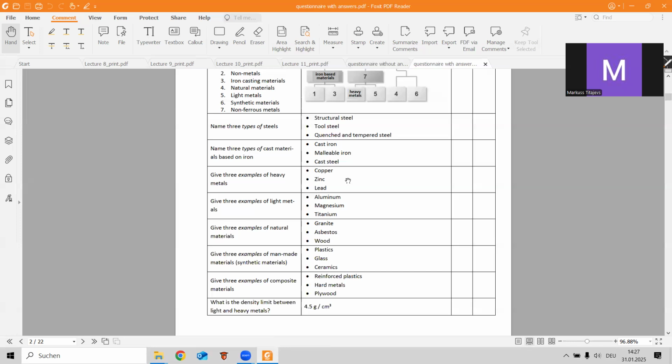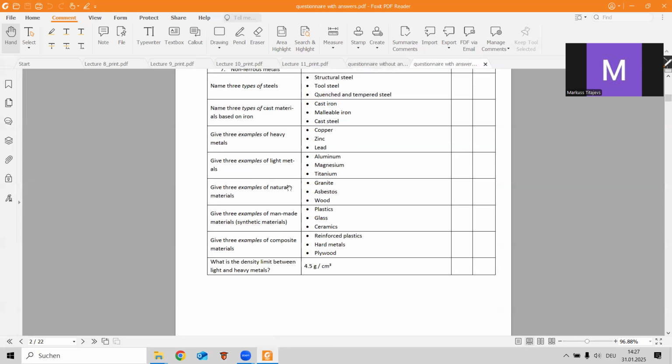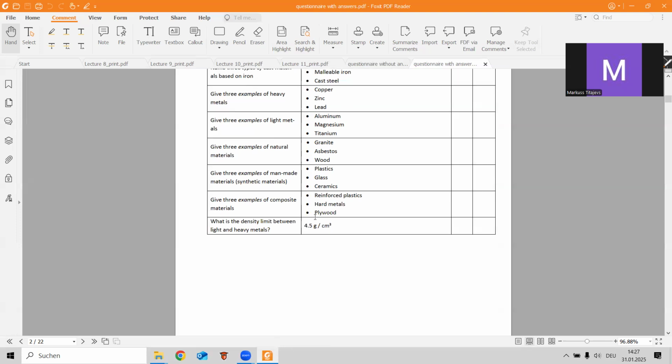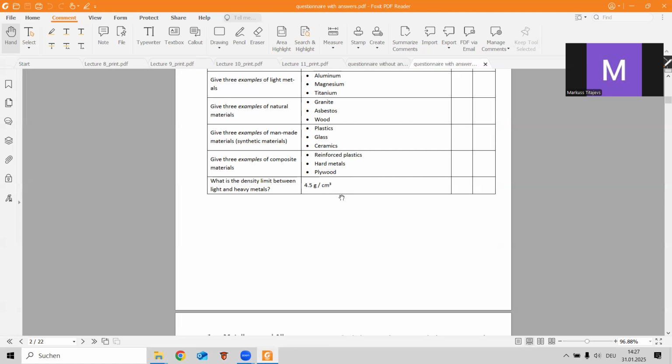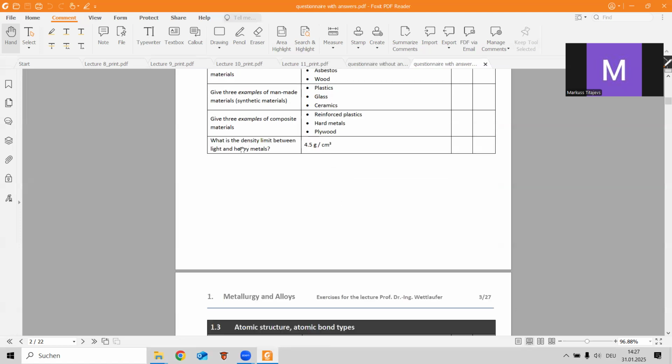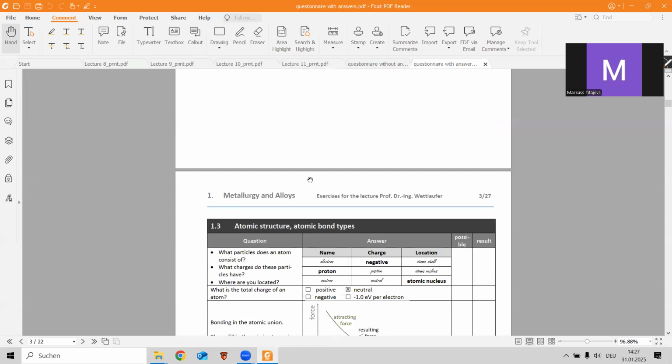Heavy metals: copper, zinc, lead. Light metals: aluminum, magnesium, titanium. Natural materials: asbestos, wood, granite. Man-made materials: synthetic plastics, glass, ceramics, composites, reinforced plastics, hard metals, plywood. The density limit here is 4.5 grams per cubic centimeter.